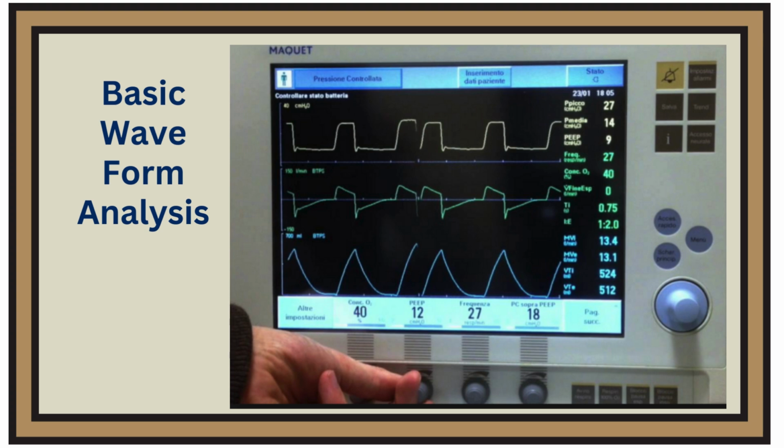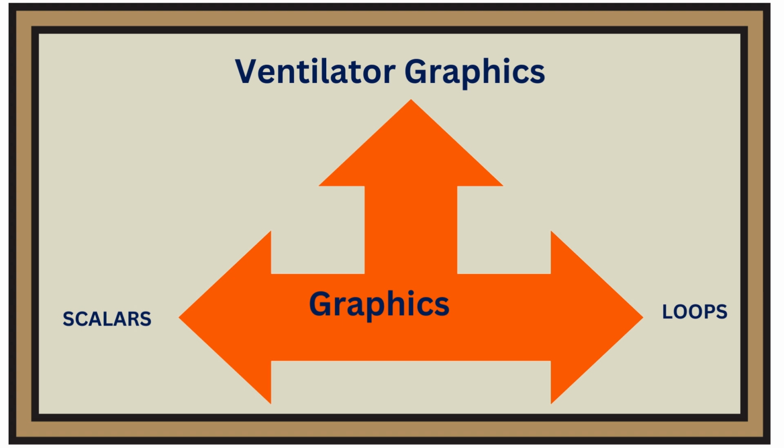The three primary types of waveforms displayed on ventilator settings are pressure waveform, flow waveform, and volume waveform. These ventilator graphics typically include waveforms and loops that represent pressure, flow, and volume changes.